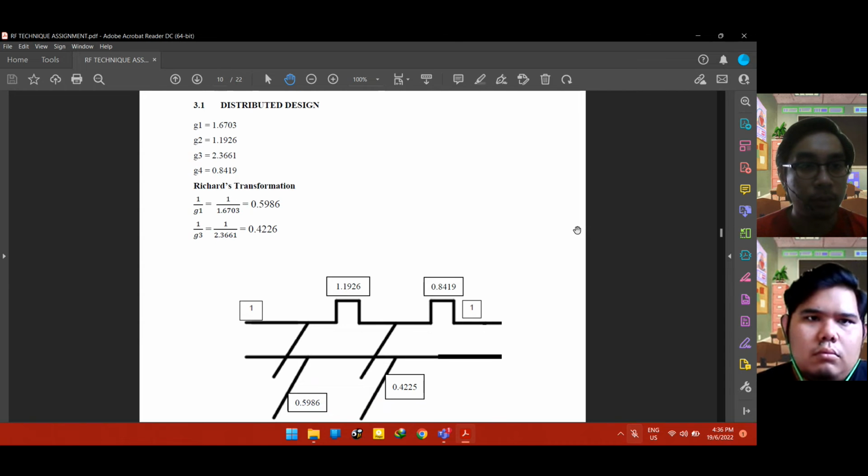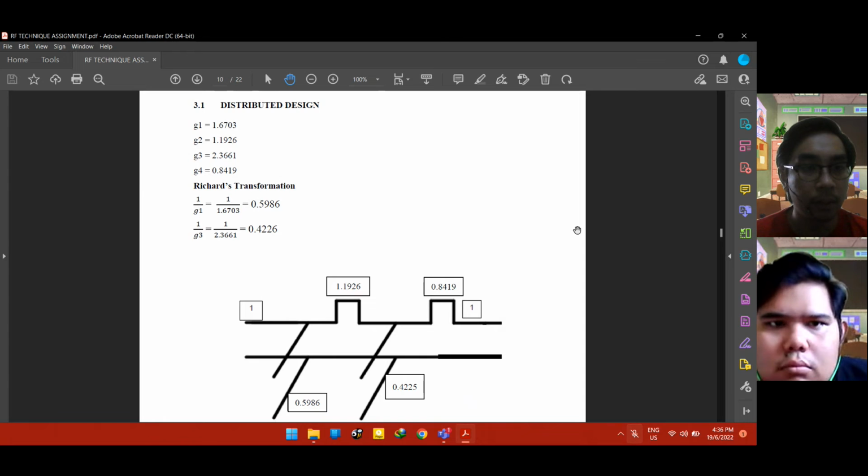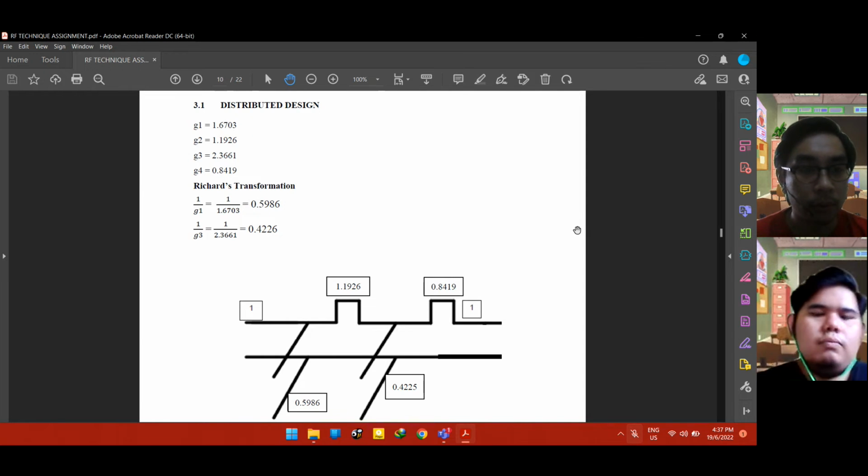For the distributed design, firstly we need to know the G1 until G4 that I used from the 0.5 table.